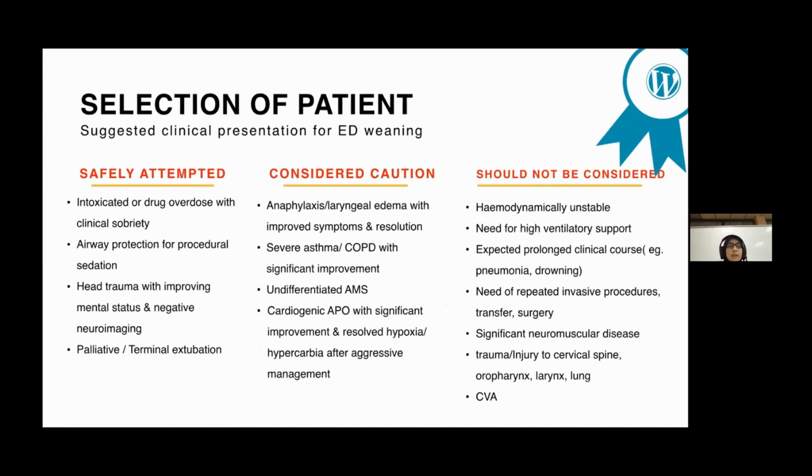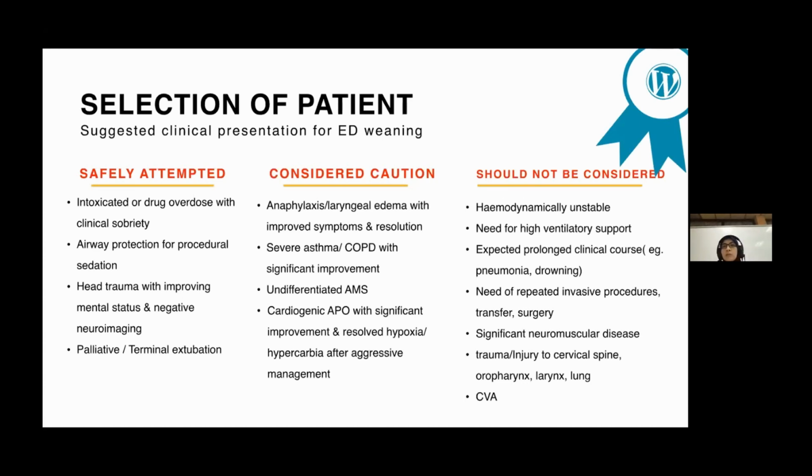Those under safely attempted weaning: you can choose patients who presented with intoxication or drug overdose with clinical severity, or patients who were intubated for airway protection, for procedural sedation, for example in pediatric or adult patients who went for certain procedures requiring procedural sedation in ED, or patients with head trauma that required cerebral resuscitation. These types of patients can be weaned within 24 hours after intubation if the patient has improved, right? Or those palliative or terminal extubation patients.